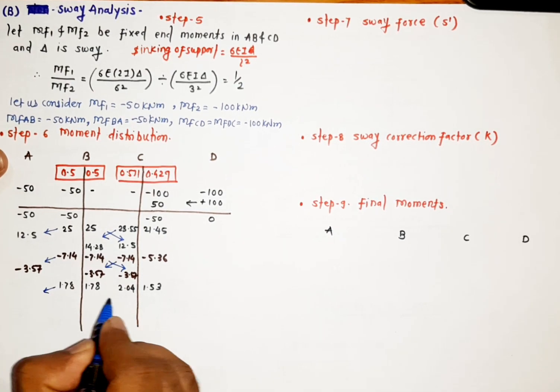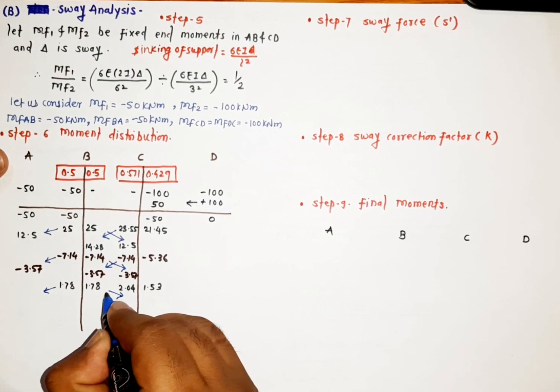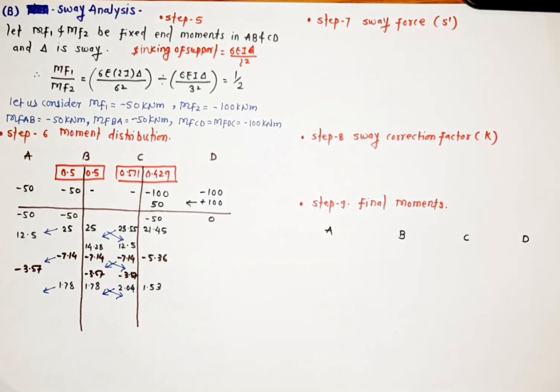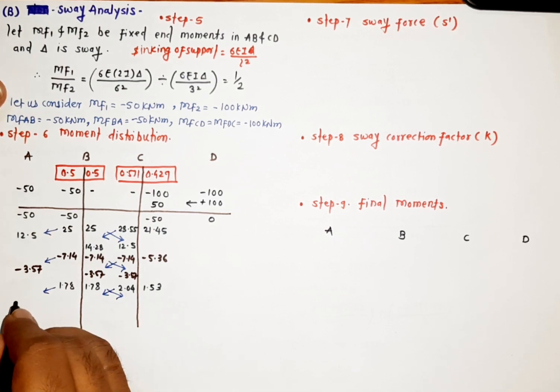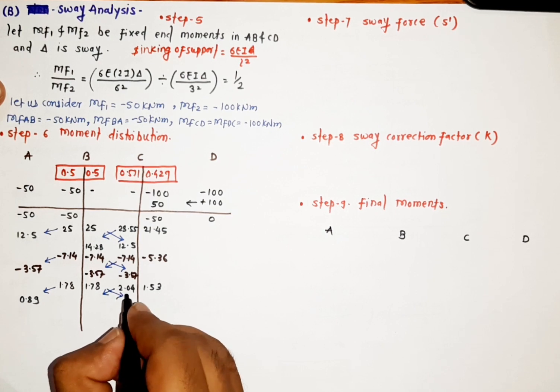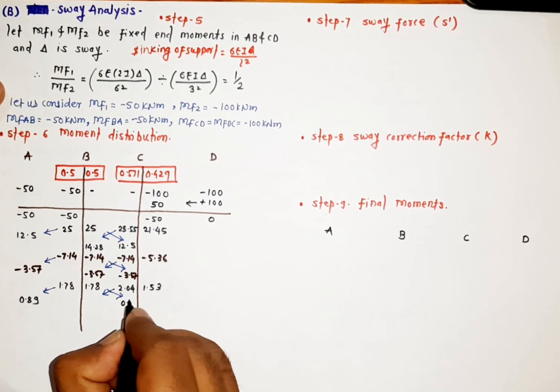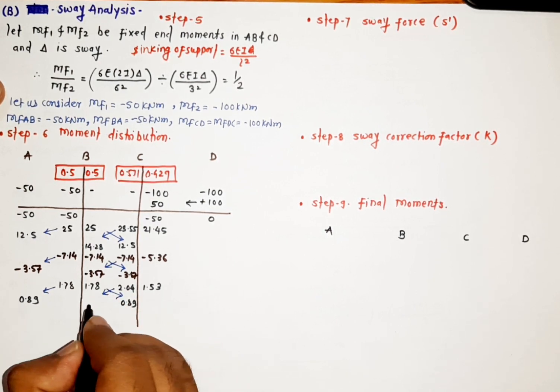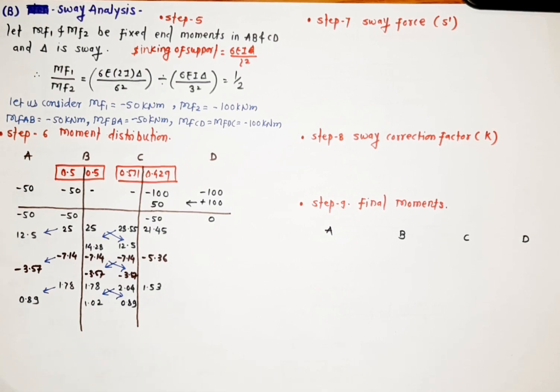B to A, B to C and C to B due to the intermediate support. So 1.78 divided by 2, it will be 0.89. Again it will be 0.89. It will be 1.02. Now it is somewhat going closer.